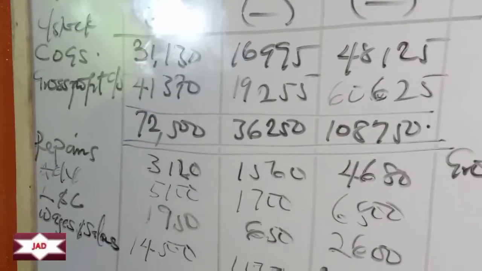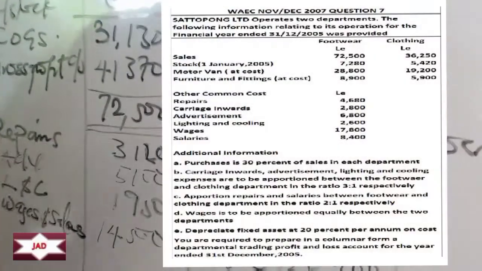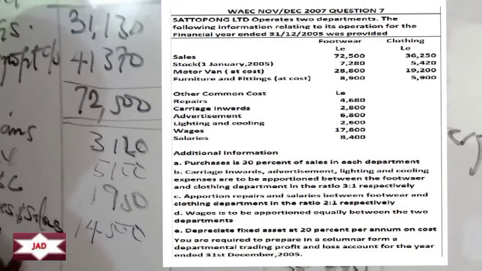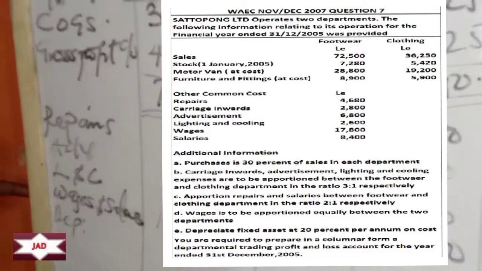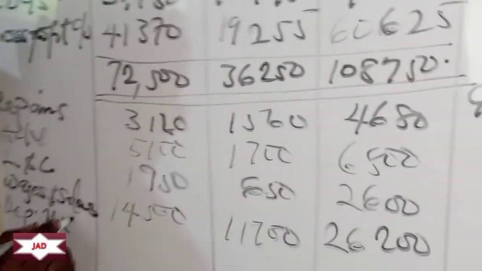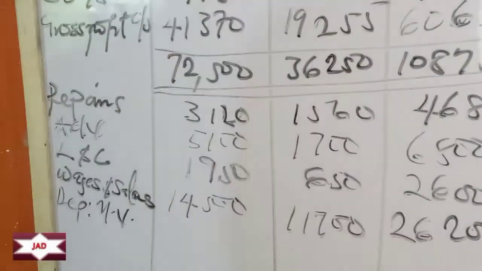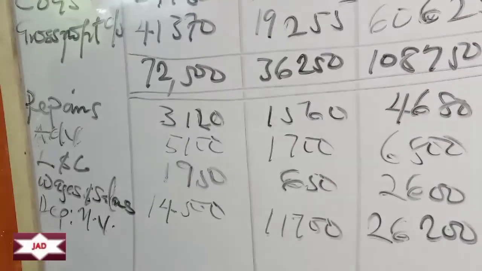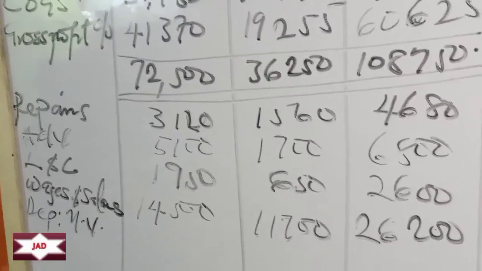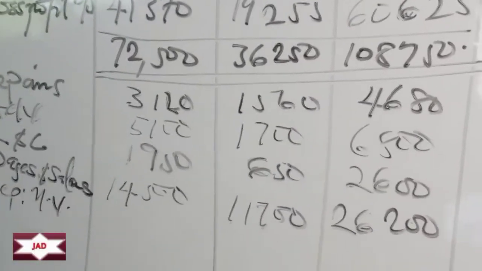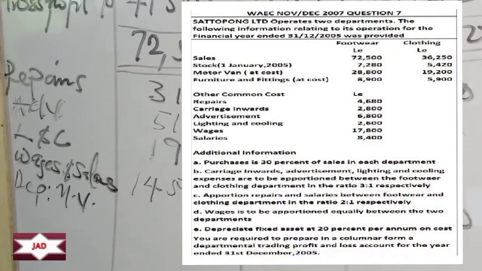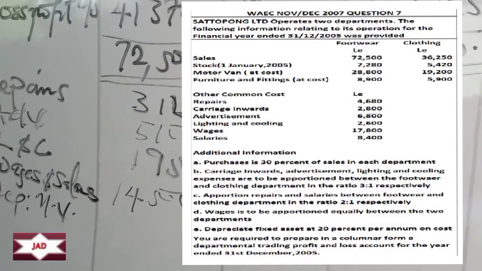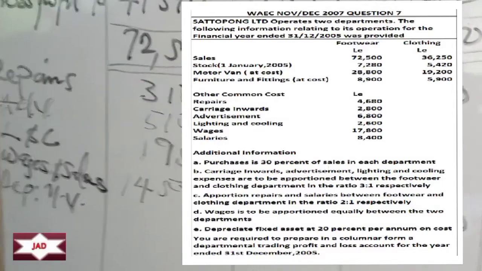So the next one there is depreciation. So let's depreciate. Depreciation, the first one there is motor van. We have motor van there to be 28,800 for footwear, 19,200 for clothing.